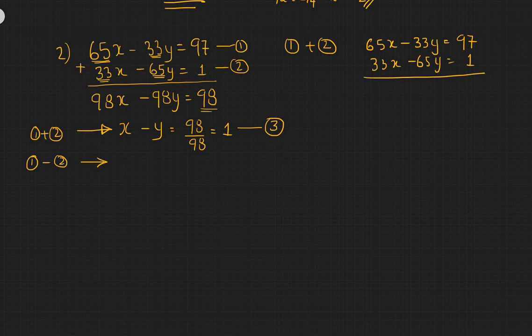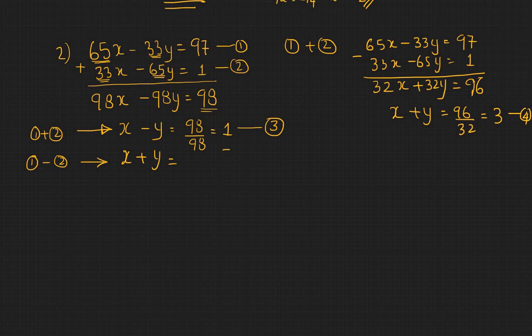As you subtract, you have 32x plus 32y equal to 96, because you're subtracting. And this implies your x plus y is 96 by 32, which is 3. So this becomes your fourth equation. So you can say x plus y is equal to 3.